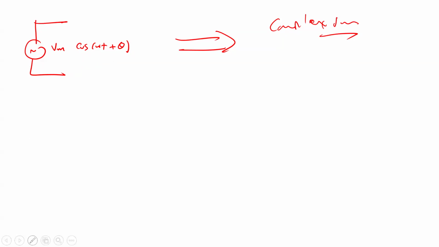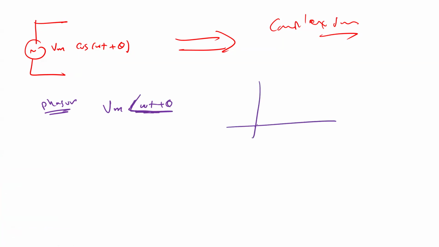If you have a phasor, and this phasor is Vm with angle omega t plus theta, this is a complex number. If I have a phasor this way, here this is point A, and this one is Vm, and the angle here is omega t plus theta.